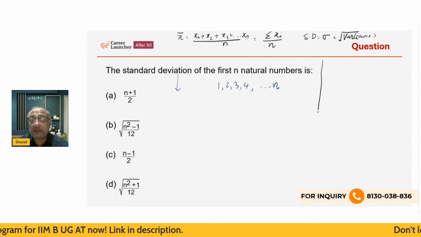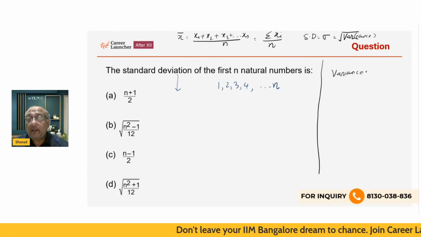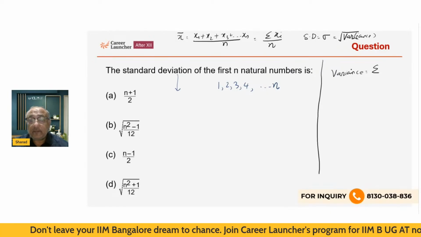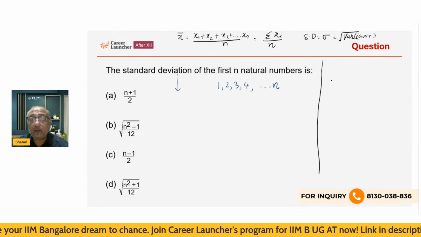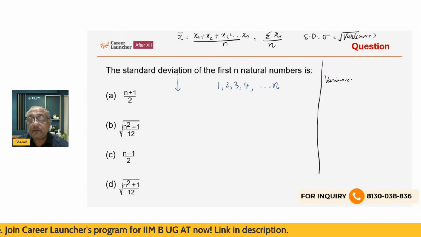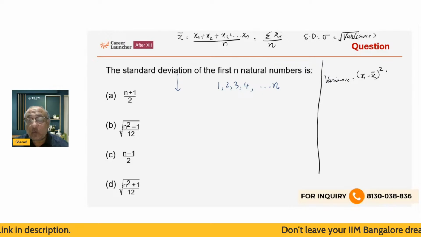Let us make a space and let me help you recall. Variance is nothing but the square of, let me write the normal formula, not the sigma formula. Variance is how much each data point x1 is away from the mean value. I will square this.